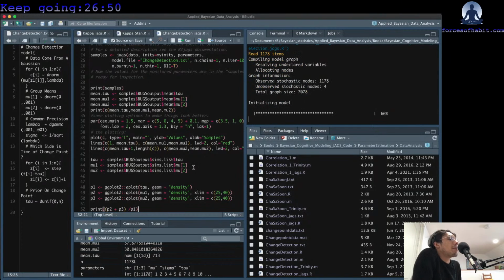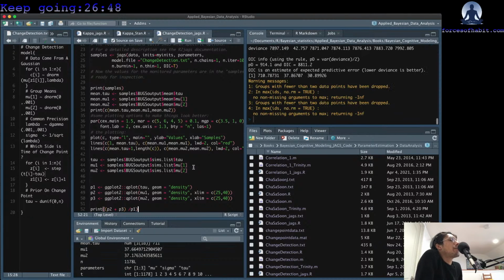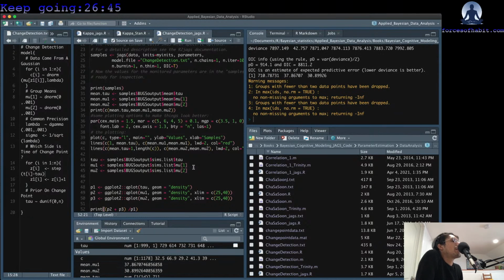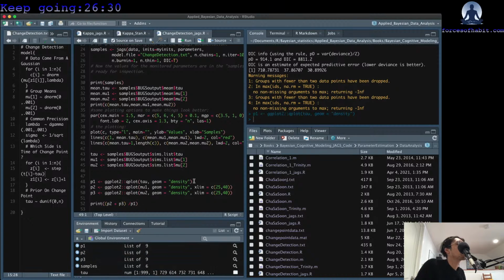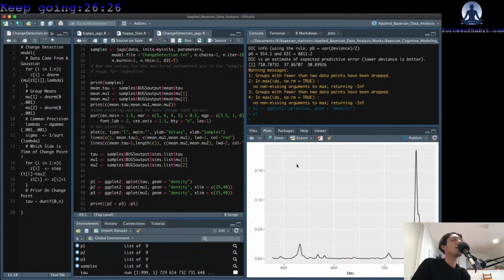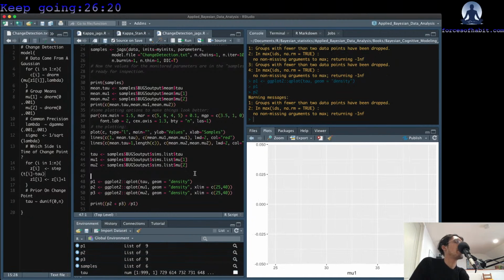Now we'll get the plots for the difference distribution. Why not? All right, we got P1. What's breaking? P2. There we go.